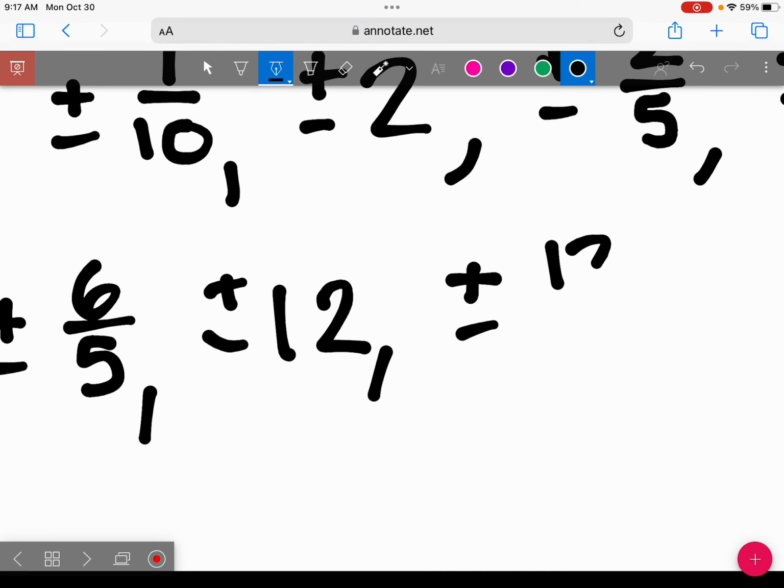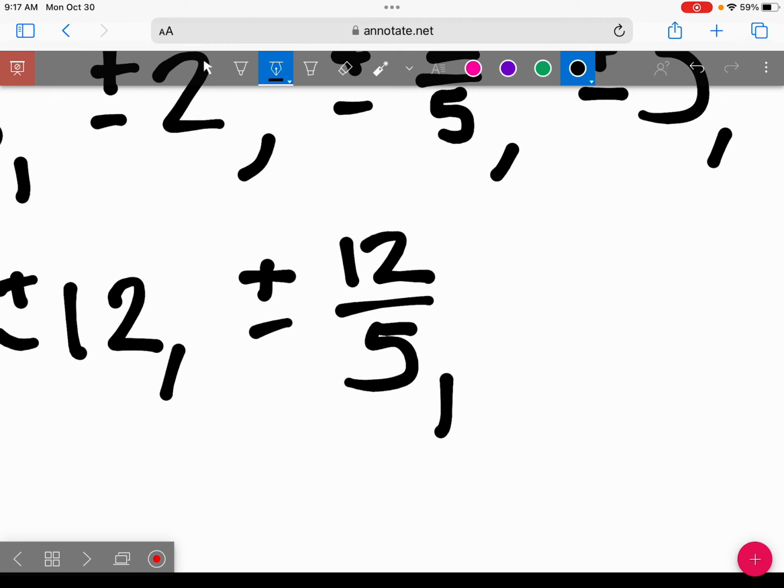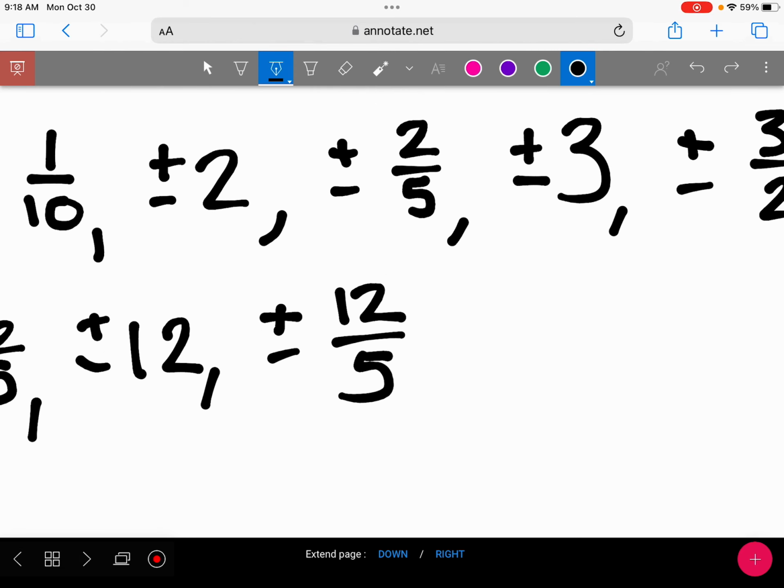We don't have. And 12 over 10. 12 over 10 is 6/5, which we do have. So I'm listing all my P's over all my Q's. All my factors of P over all my factors of Q.